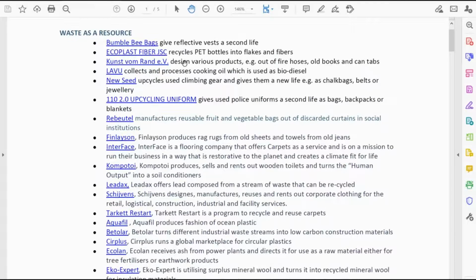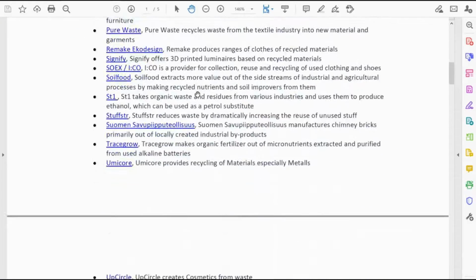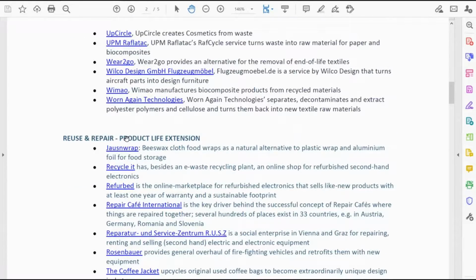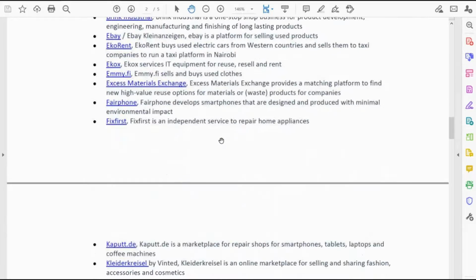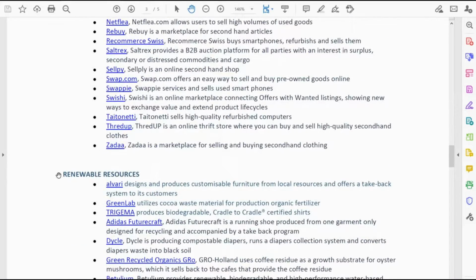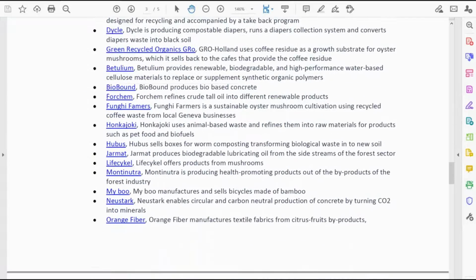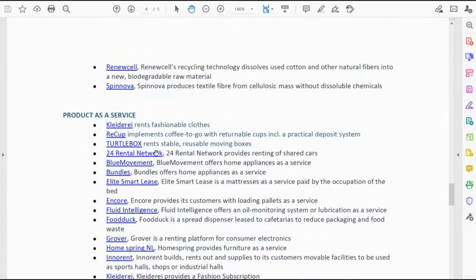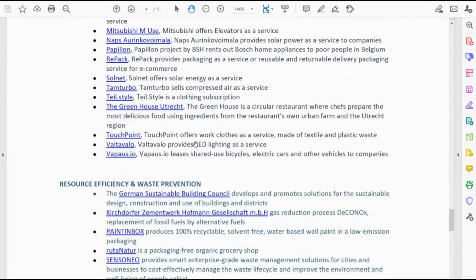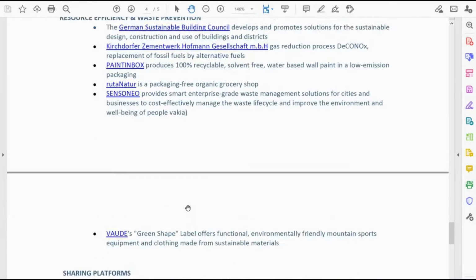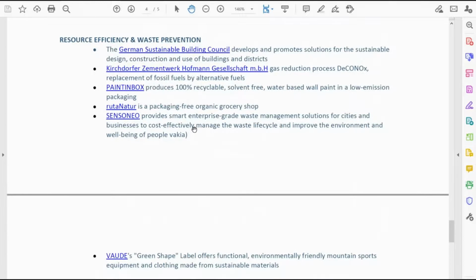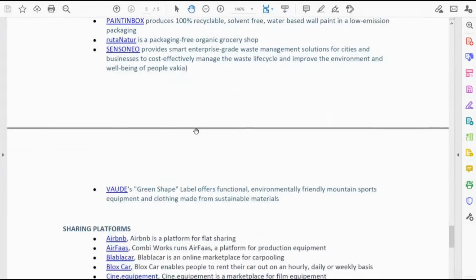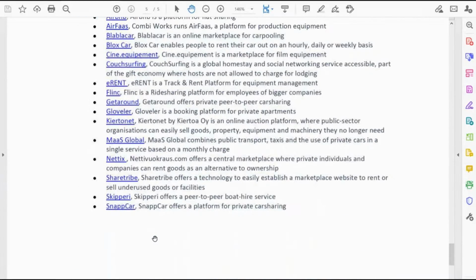Waste as a resource, there are many of them. You can see reuse and repair, product life extension, different models. Renewable resources model, there are different examples. Product as a service also lists. The resource efficiency and waste prevention list is still a bit short, but it will evolve. And the sharing platforms.